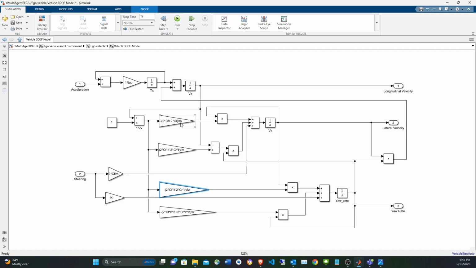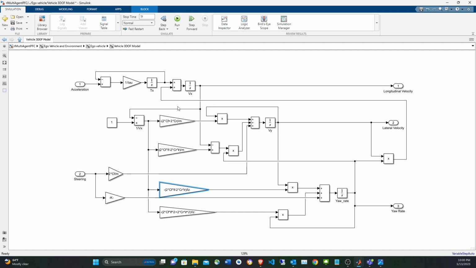That's why the mass is divided in here, and you have the force computed by these coefficients and the input acceleration. So you get the acceleration from here, and when you integrate the acceleration you have the velocity. So you have the longitudinal velocity and the lateral velocity.